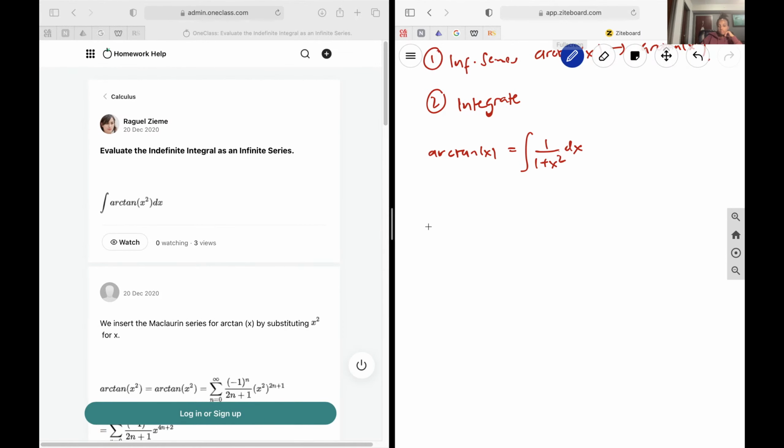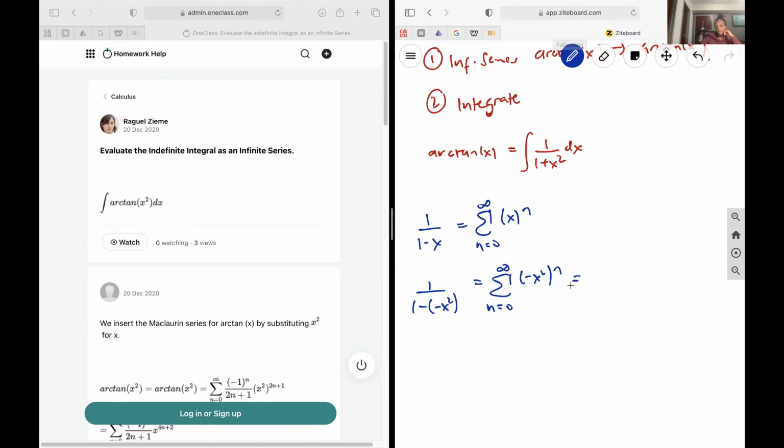If the infinite series for 1 over 1 minus x is equal to the summation of x to the power of n from n is equal to 0 to infinity, what that means is that when I have 1 over 1 minus x squared, I can just substitute that in, and I will get the summation from n is equal to 0 to infinity of negative x squared to the power of n.